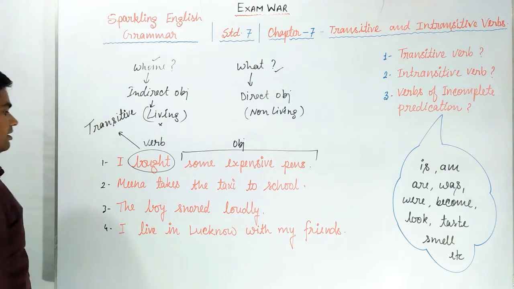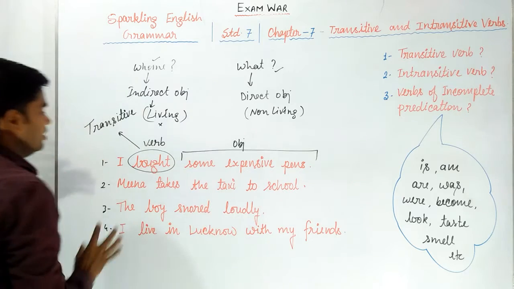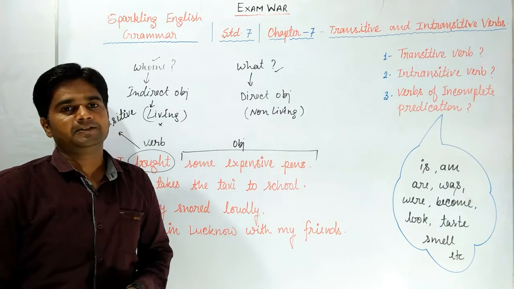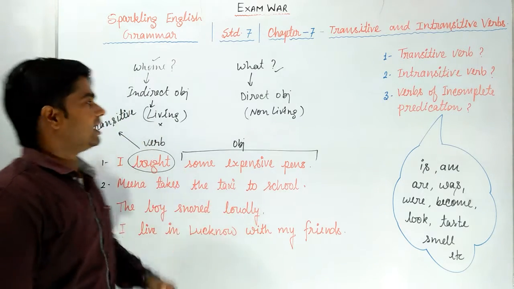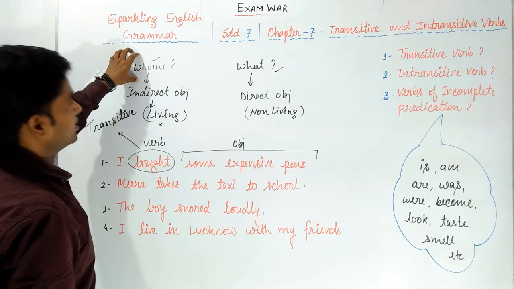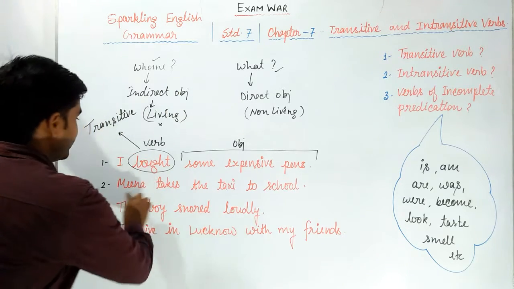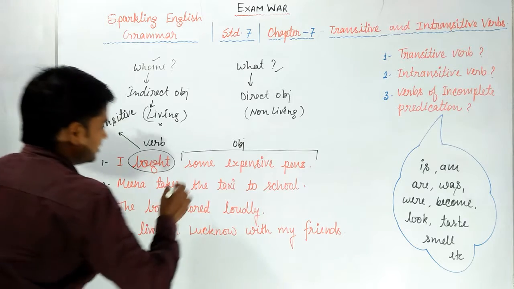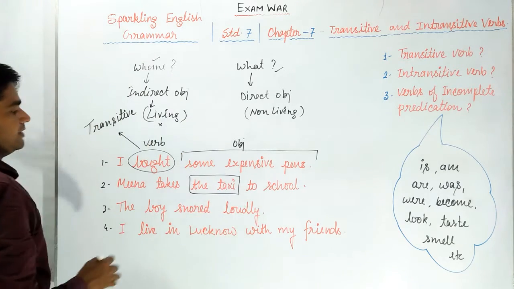Let's take one more example. Meena takes the taxi to school. As in the second sentence, after the verb no living being is given, again we cannot ask a question with whom. So let's ask with what. What does Meena take? Meena takes the taxi.